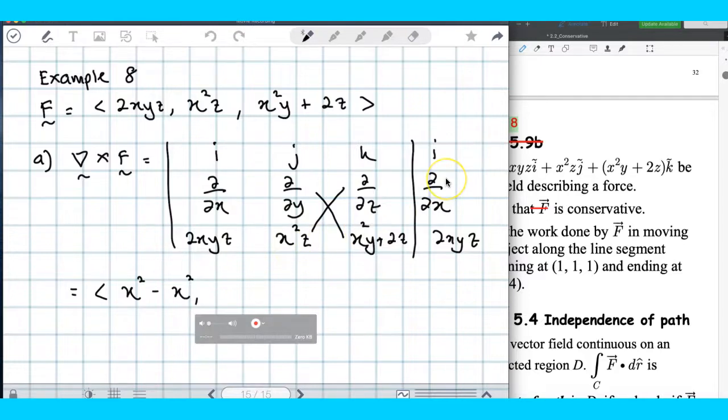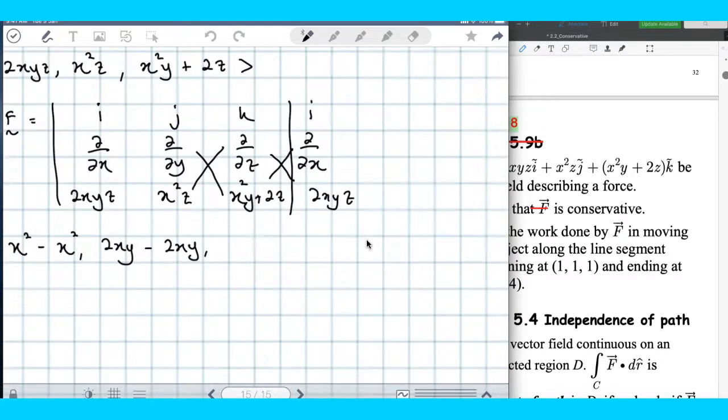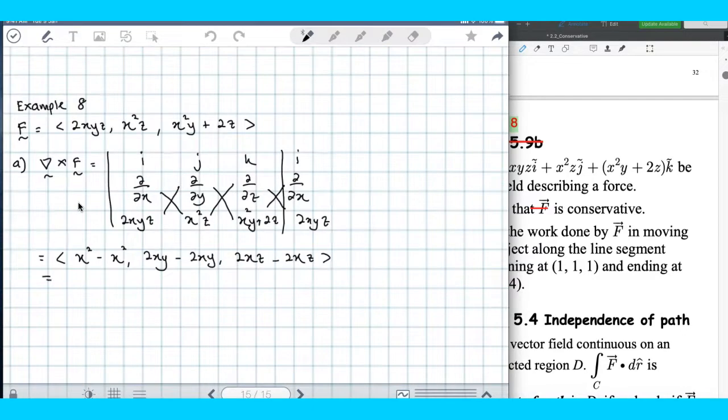Then k cross i will give you j, so you have 2xy minus del x of this, which is 2xy, so that is 0. And then i cross j will give you k: del x of this gives 2xz, minus del y of this, which gives 2xz. Now we obtain that the curl is 0.